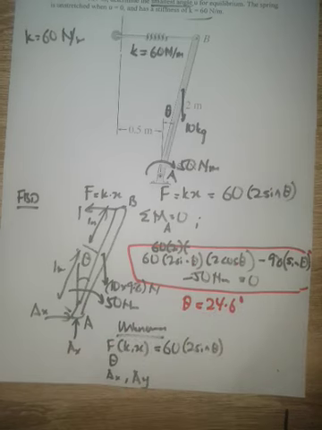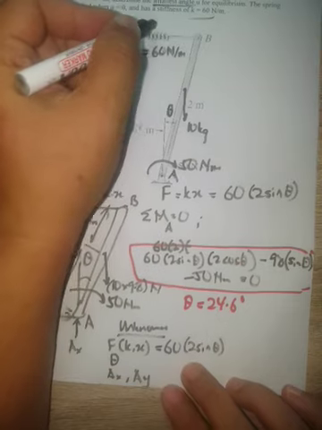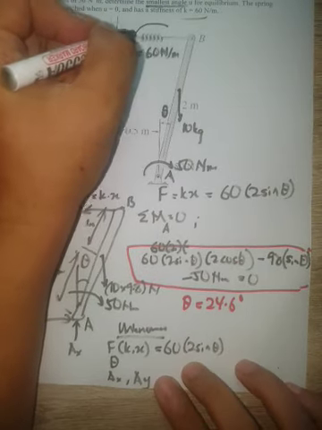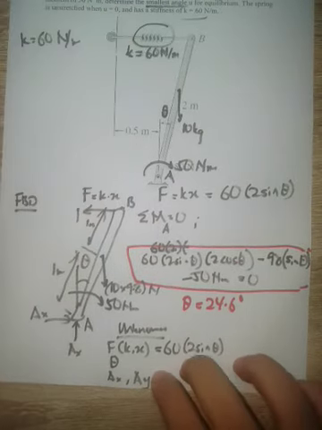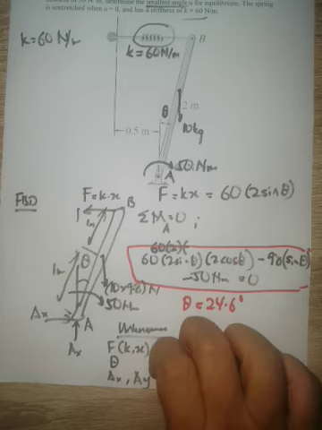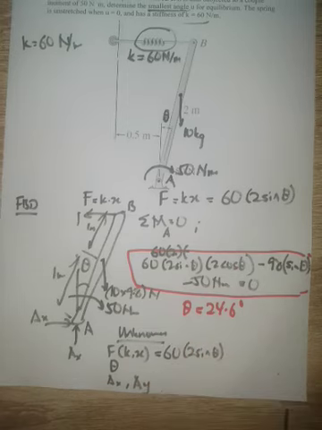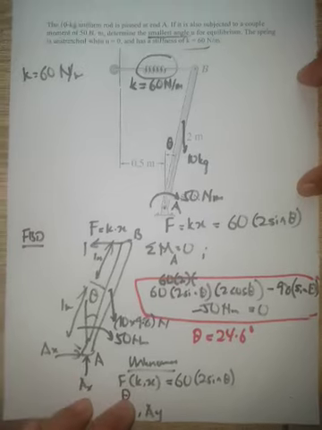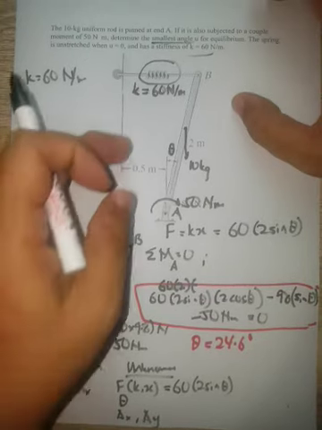So in this problem, what is the important thing I want to stress here? You need to understand the principle or the mechanism of the spring, how the spring works. The extension of the spring will produce the value of the force that we apply to the system. This is very important.